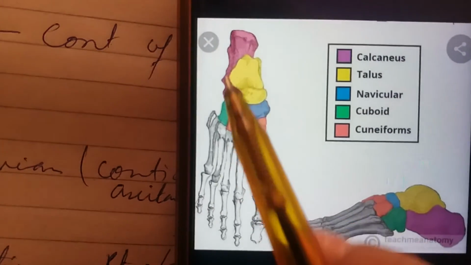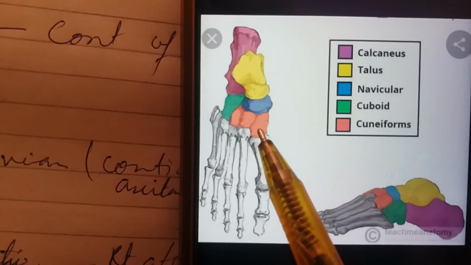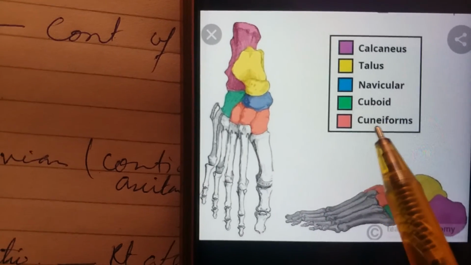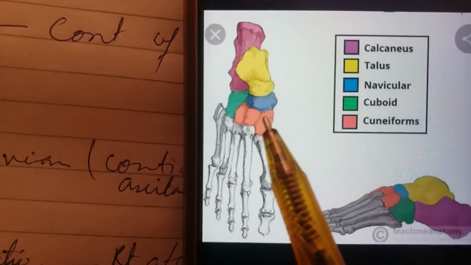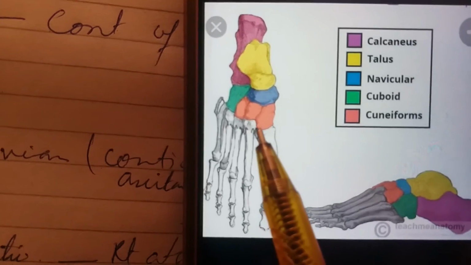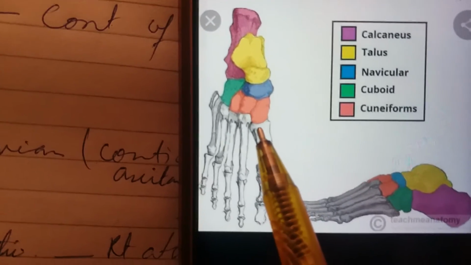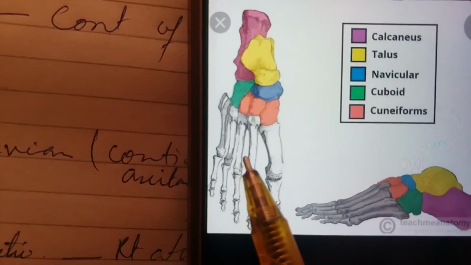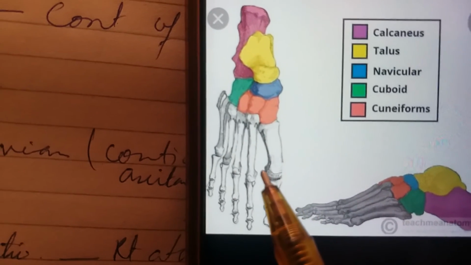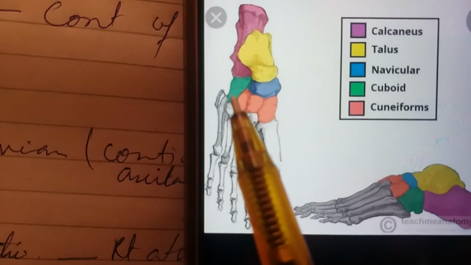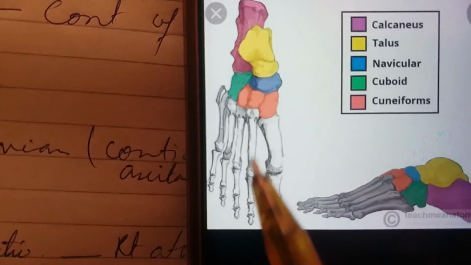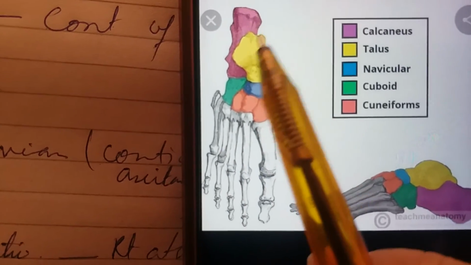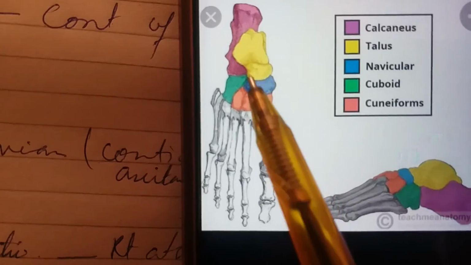All the other bones are single, but the cuneiforms are three in number, 1, 2, 3. And as I told you, they articulate with the first, second and third metatarsal bones. Okay, and this is how these bones look.